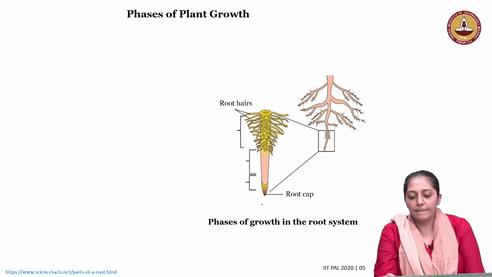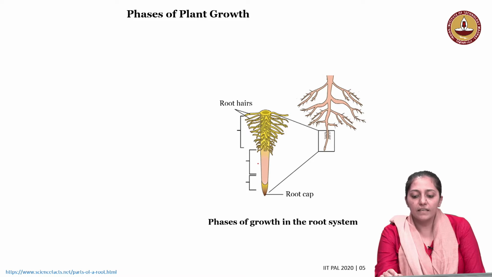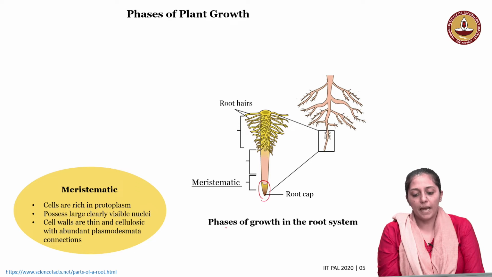You can see at the tip is the region called the root cap, and as we go up the root, we see the regions of elongation with root hairs, which is a more matured region. Let us talk about the bottommost region, which is marked here as root cap.